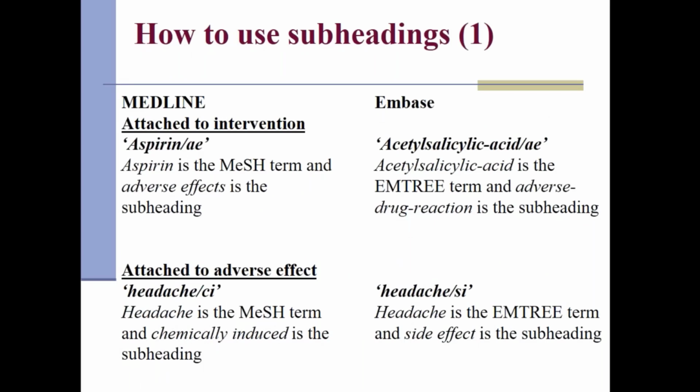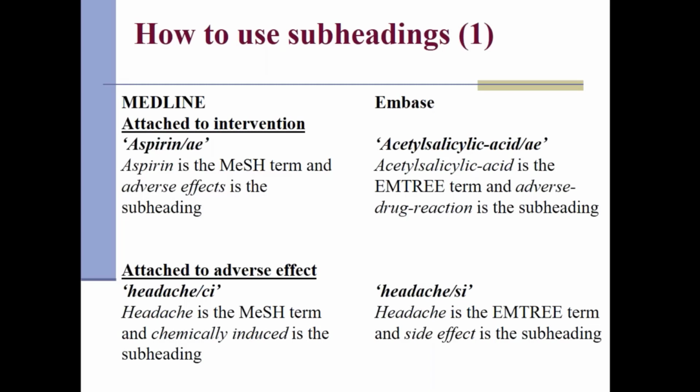So I said I would mention subheadings. Well, there's two ways of searching subheadings. The first is attached to the intervention, or it could be attached to the adverse effect. So we've got aspirin, adverse effect, or we've got headache, chemically induced.